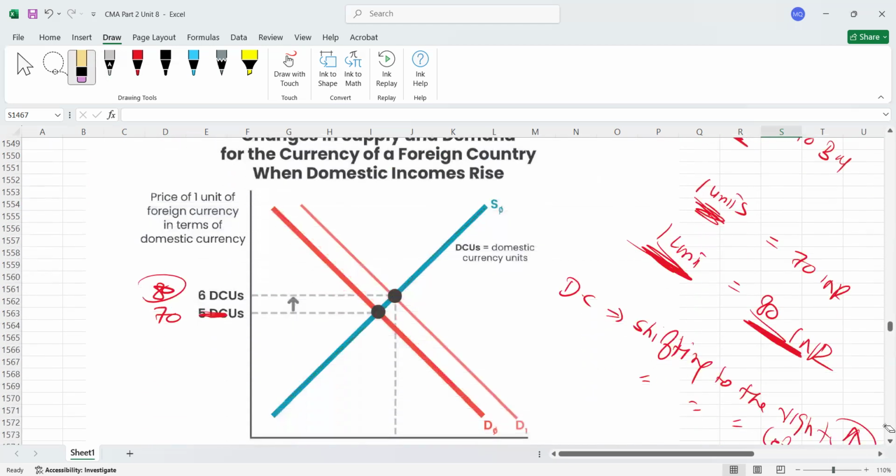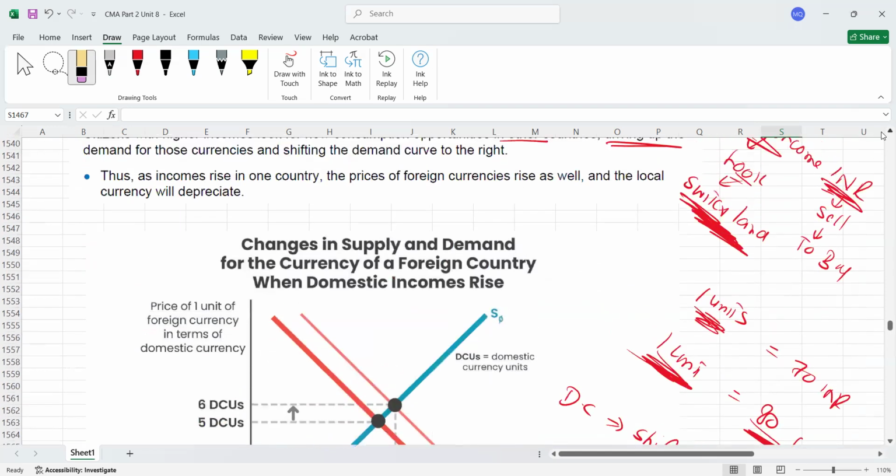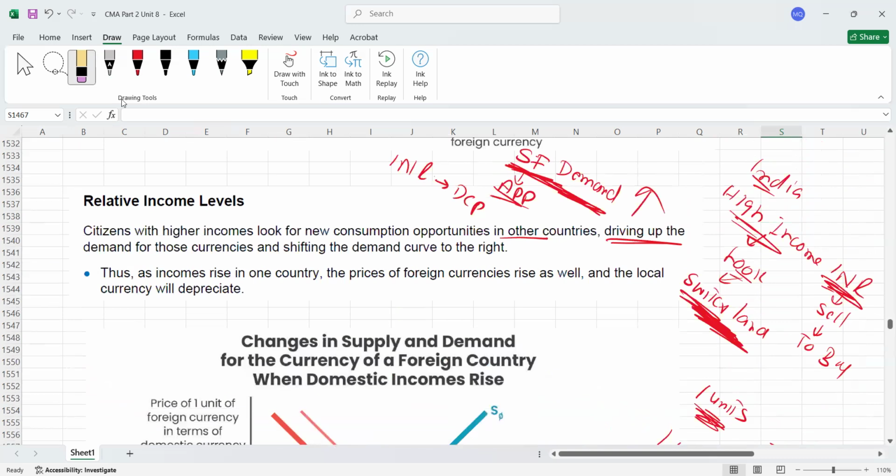And do you remember what I told you? For example, those countries which have a high income level, their people will look for new consumption opportunities, and obviously they want to go here and there, maybe abroad also. Due to that, income in India is higher, for example. So what will they do?